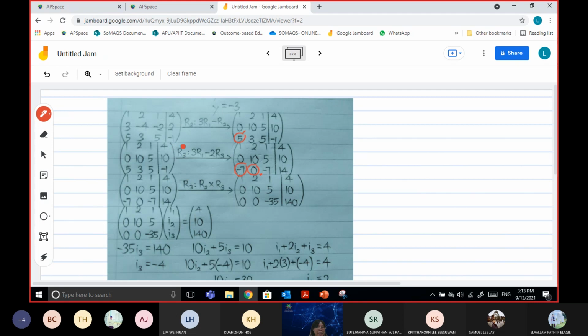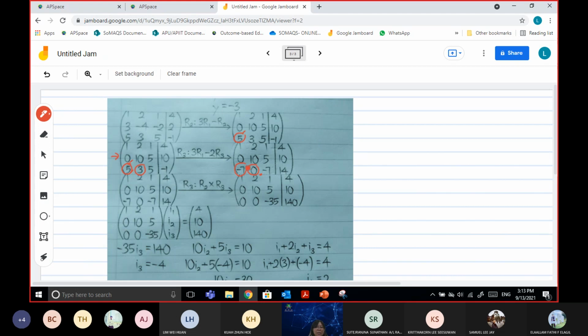When you change this to 0, then followed by this, when you come to this one, you want to change this to 0, you can use the second row without affecting this one, which is already 0. That's what I'm trying to say.